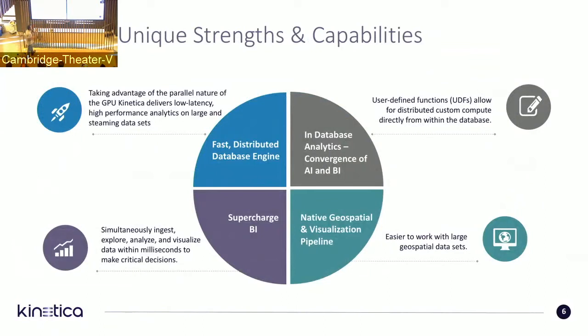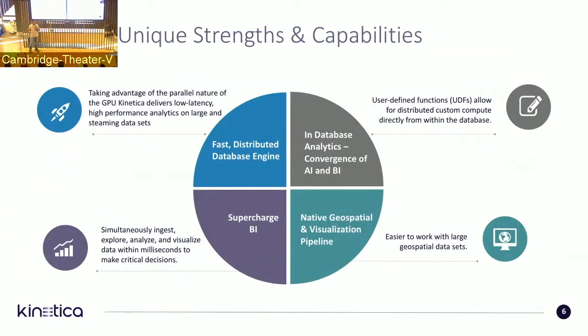So what are the strengths of Kinetico? At the end of the day, Kinetico has 4 unique strengths. We are a very fast distributed database engine. That's fast OLAP, so if you want to perform any queries in a fraction of the time, you can do that. I'll show you how that's being done. We have an ability to supercharge your BI.